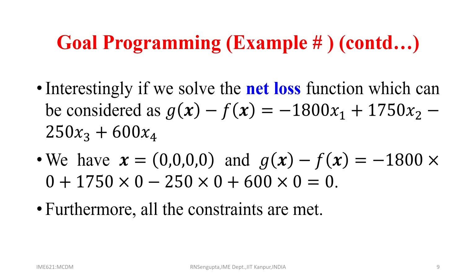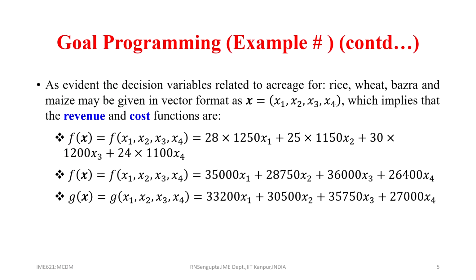net loss function. So, obviously, you can consider from the net loss function and the net profit function. Why I am using the concept of net loss function and the net profit function is like this. If you see the two equations, which is revenues and costs separately here, this factor.